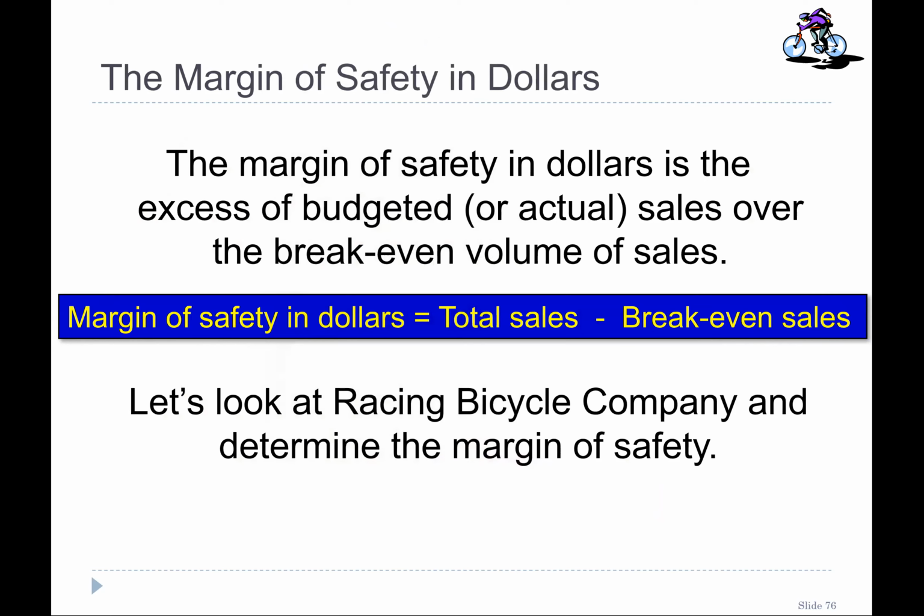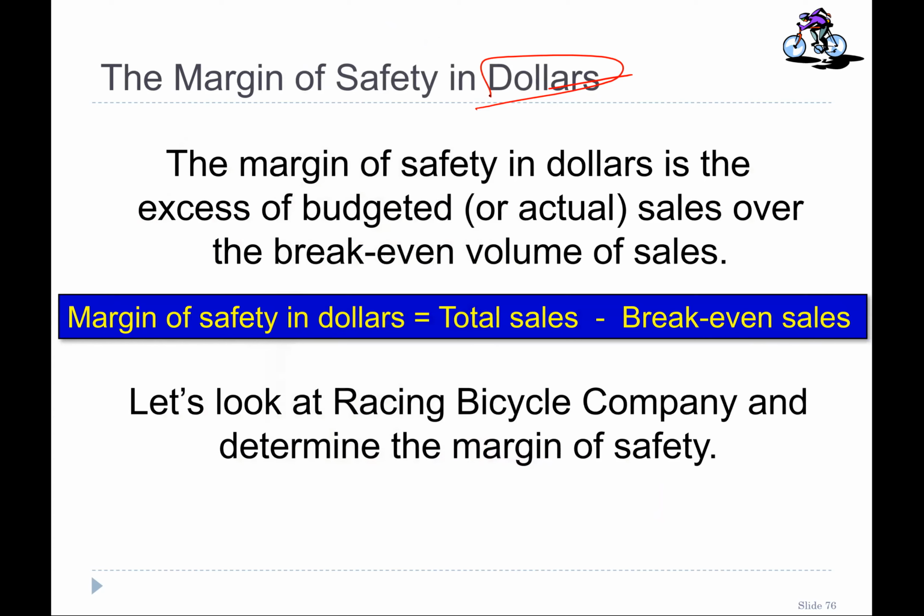Then how much is your safety margin in units? 2100 minus 1500, 600 cups. And if you want to find out the dollars, just multiply by the market price. Normally margin of safety is in dollars, but it can be in units as well. So don't limit your view regarding the margin of safety.